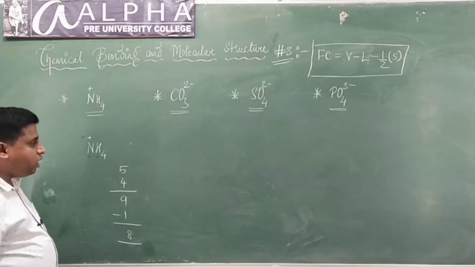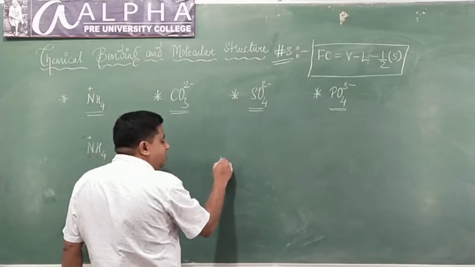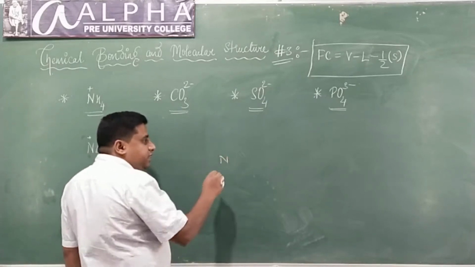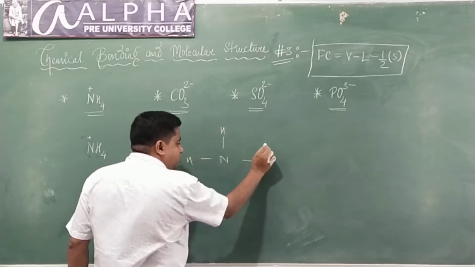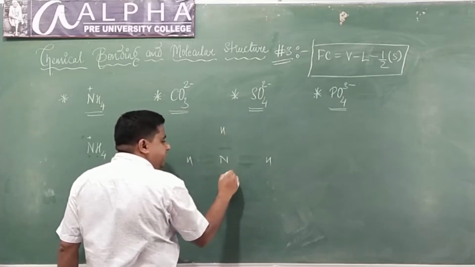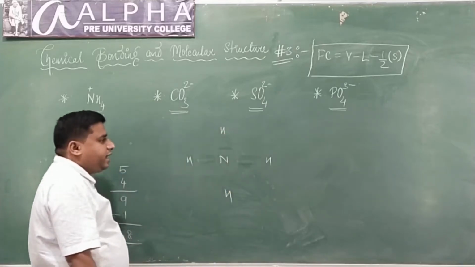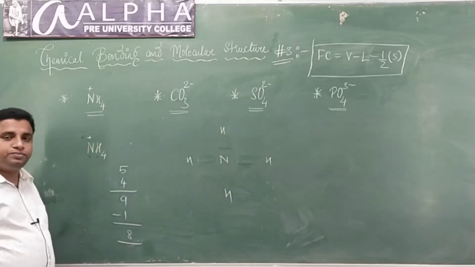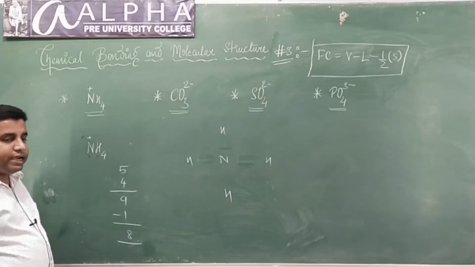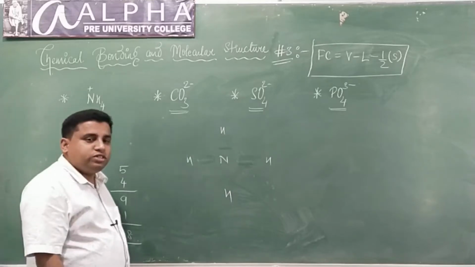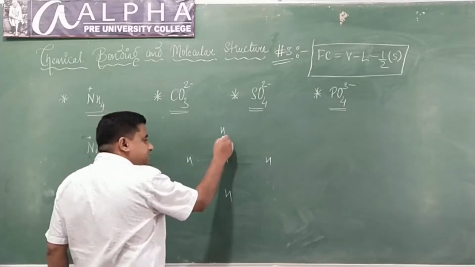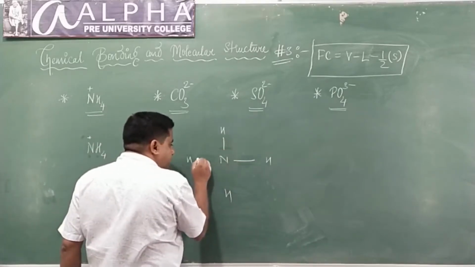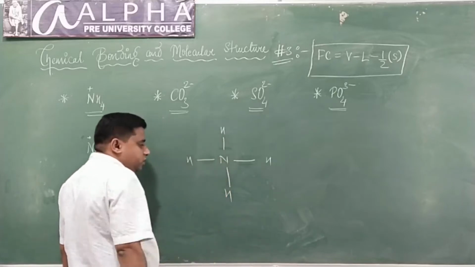Simple. Now, write nitrogen atom, which is the central atom, at the center, and hydrogen atoms equally distributed around nitrogen. No doubt in it. Second rule over. The third rule says join the central atom and the terminal atoms by single bonds.